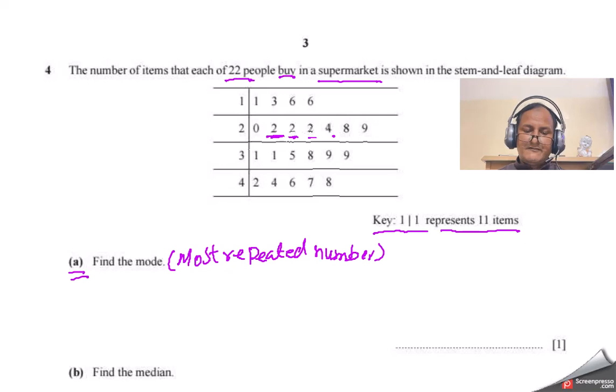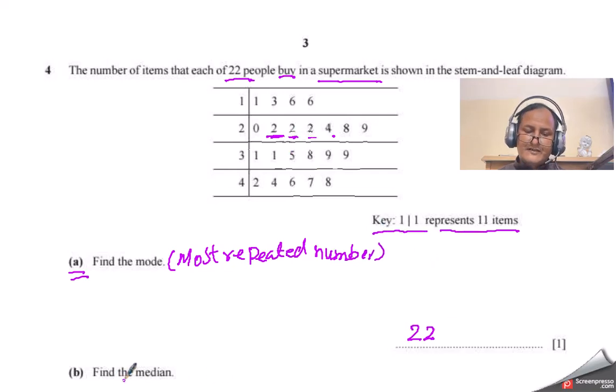Then it means the mode is 22. Sometimes students write only the 2. This is not the way. The proper way is to keep in mind the key and then write 22.